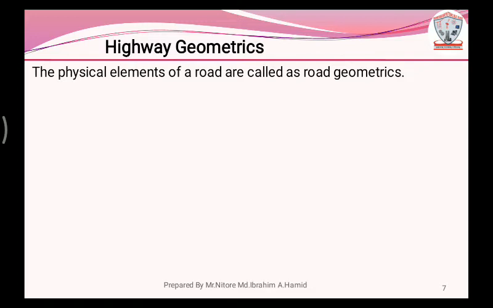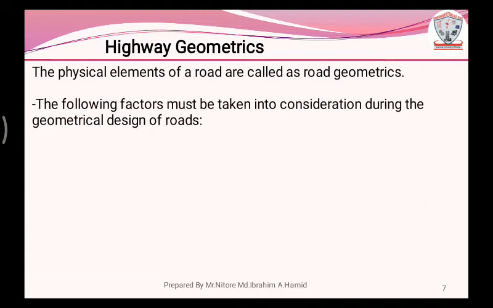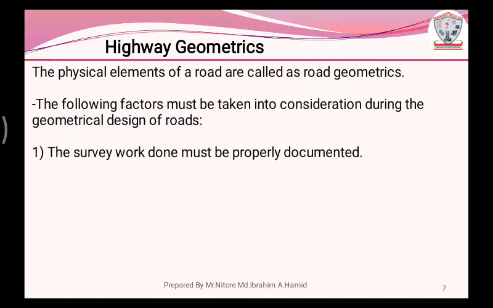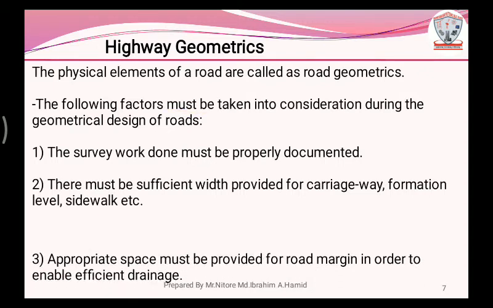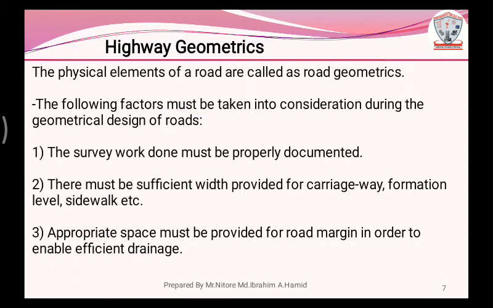For the highway geometrics, the physical elements of road are called road geometrics. The following factors must be taken into consideration during the geometric design of road. The first is the survey work done must be properly documented, and second, there must be sufficient width provided for carriageway, formation level, sidewalk. The carriageway and formation level we will see in the next lecture. Appropriate space must be provided for road margin in order to enable efficient drainage.